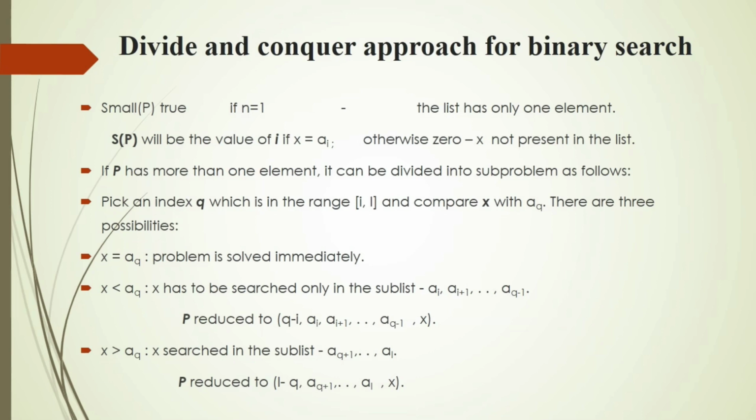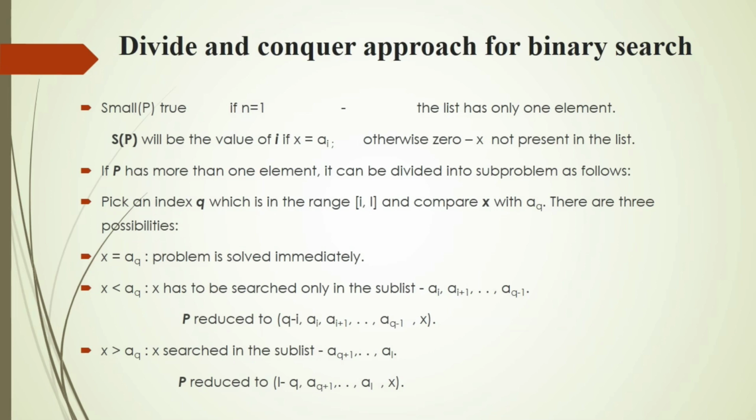In the third case, the key element x is larger than the element that was present at the qth index. In this case, the key element will be searched in the sublist starting from a[q+1], that means the element in the array which was at index q plus 1, incrementing onwards until the index l.